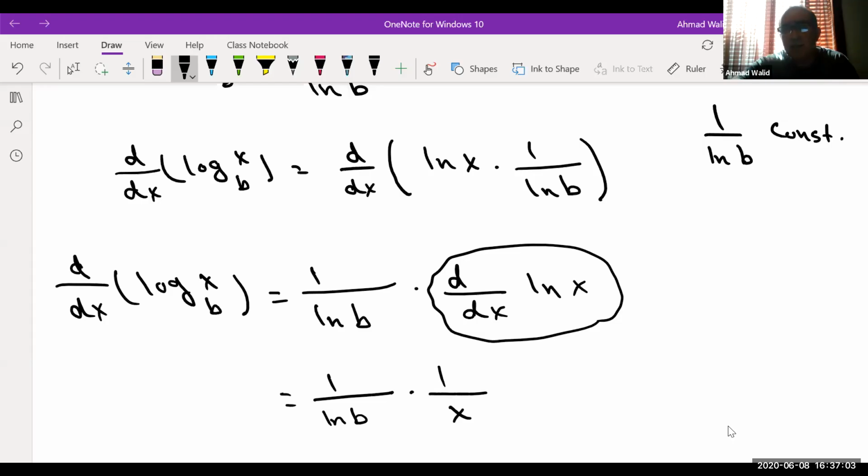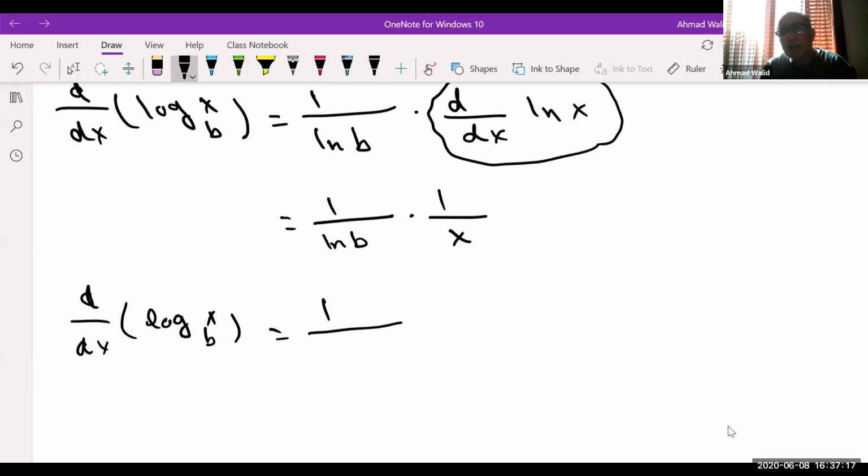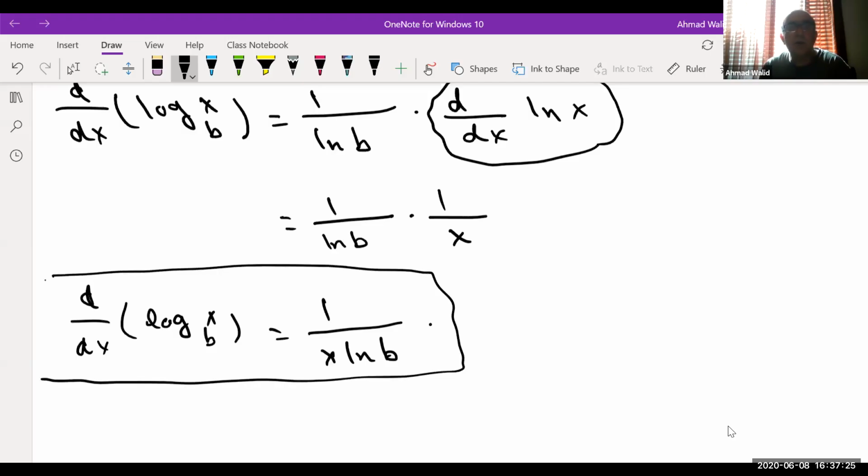Let's multiply these two fractions. Then d over dx of log x base b equals 1 over ln b times x, you can write as x ln b. This is what I gave you at the beginning as a formula. And here you saw the proof why d dx of log x base b is 1 over x ln b.